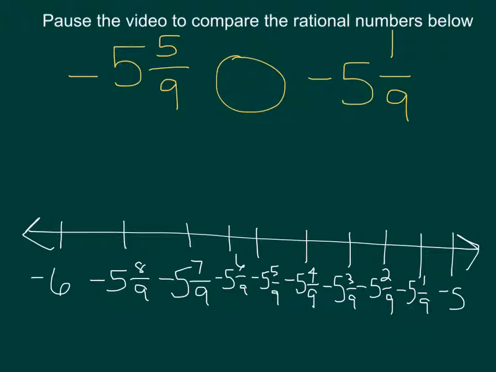So now we plot our 2 points that we have. We have -5 and 5/9, and then we have -5 and 1/9. Again, the number that's closest to 0 is your larger number, so you would draw your larger than sign to represent that -5 and 1/9 is larger than -5 and 5/9.